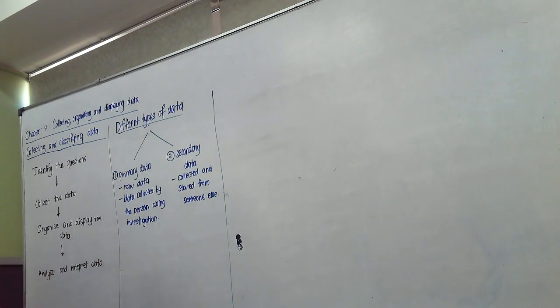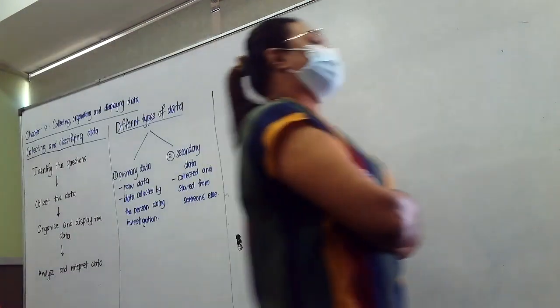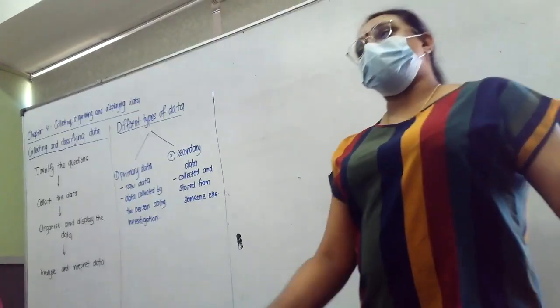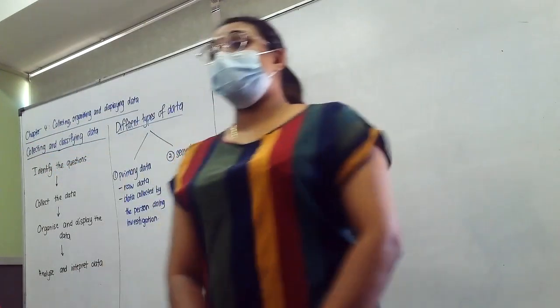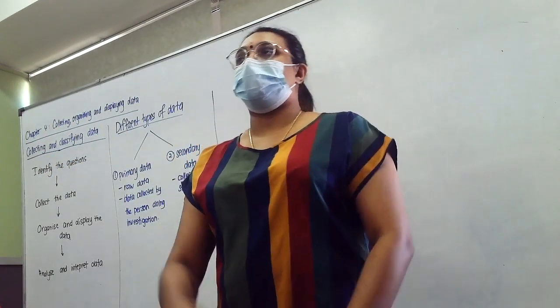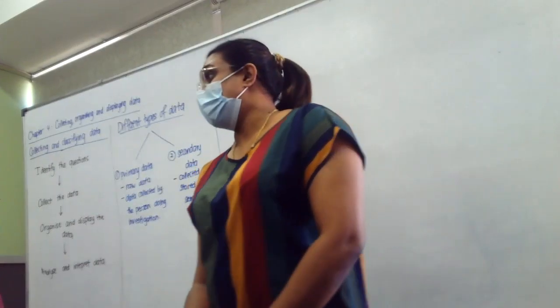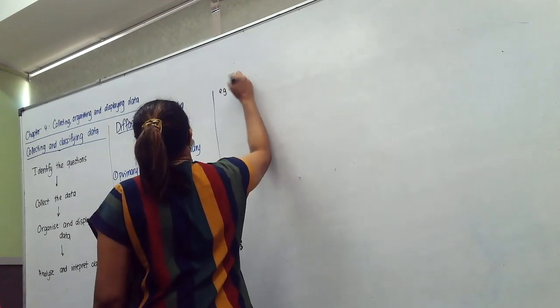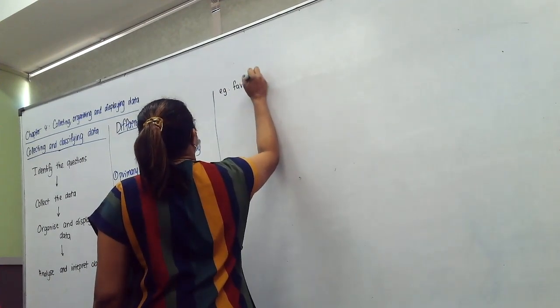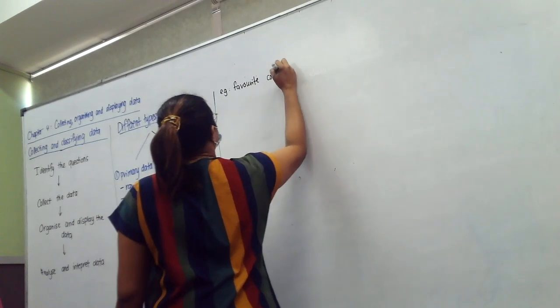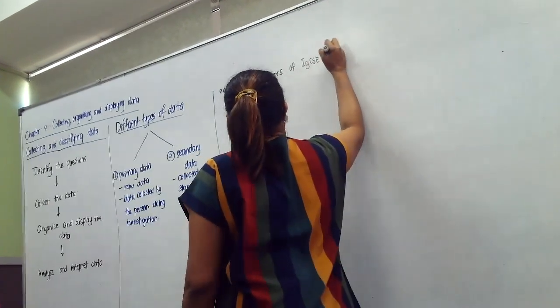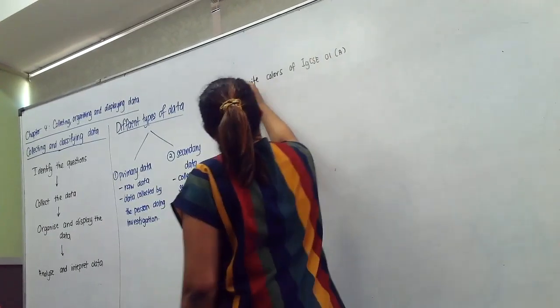For example, let's say in a school we are doing a survey of students' favorite colors, of IGCSE 01 A students.